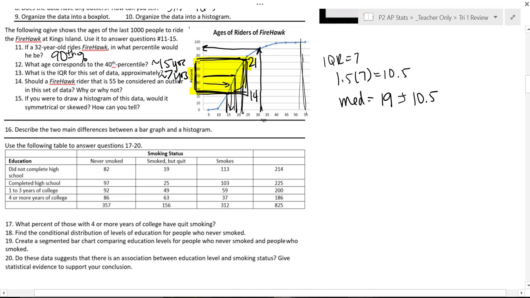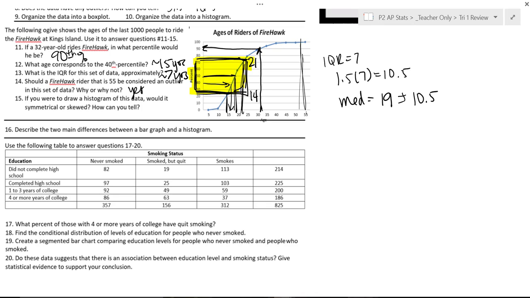So 19 plus or minus 10.5 gives me my range for not outliers. So yes, 55 is an outlier because it's outside of that median plus or minus 1.5 interquartile range. If you were to draw a histogram of this data, would it be symmetrical or skewed?